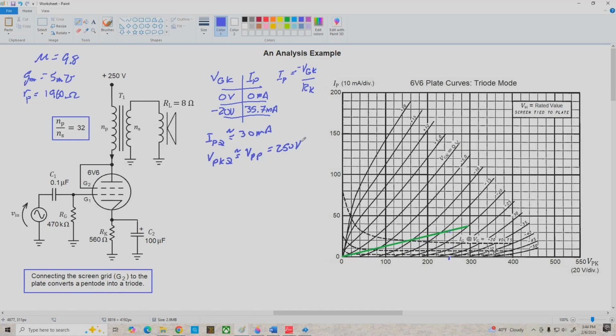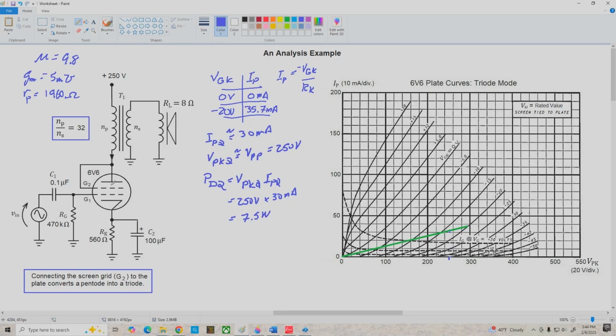So now we can find PDQ, the power dissipation of the tube at the Q point, and PDQ is equal to VPKQ times IPQ. So 250 volts times 30 milliamps is a PDQ value of 7.5 watts.